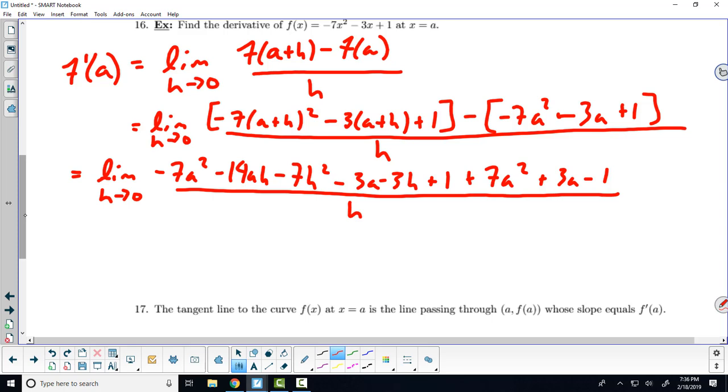Now, because this is a polynomial, and be careful, our hyperbola from before wasn't a polynomial, I know I'm on the right track if every term that doesn't have an h in it ends up canceling out. That's a nice little pat on the back.